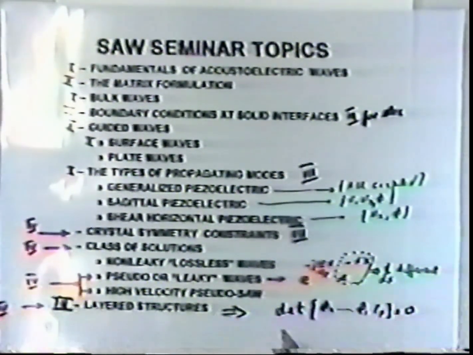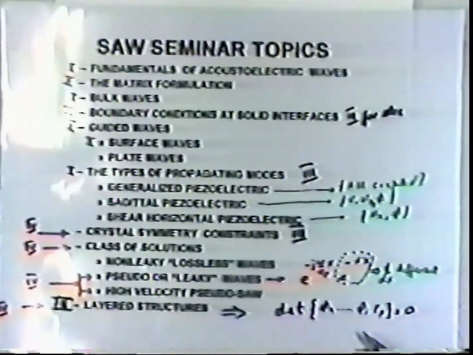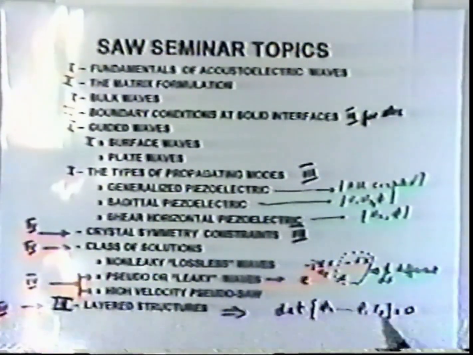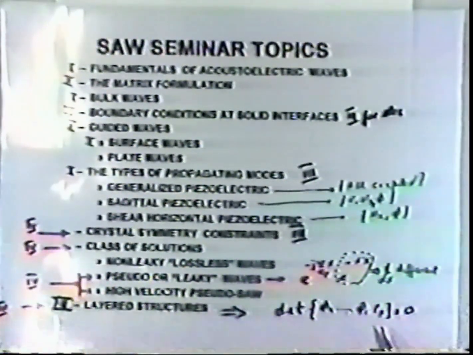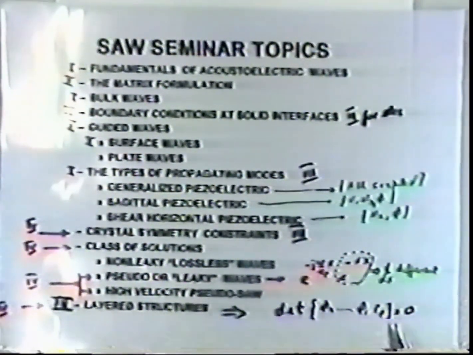The layered structure, I would like to refresh your mind that we ended up, in effect, having a cascaded multiplication of matrices corresponding to each of the layers until we got to the free surface, and then we had the half of the eigenvector matrix corresponding to decaying modes in the substrate.